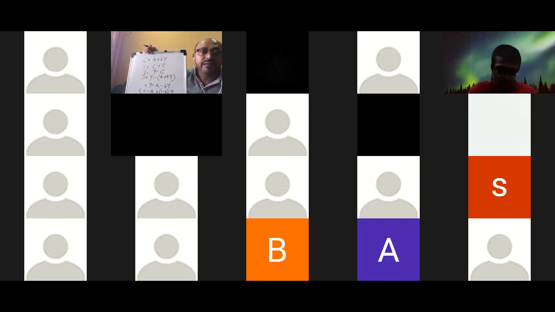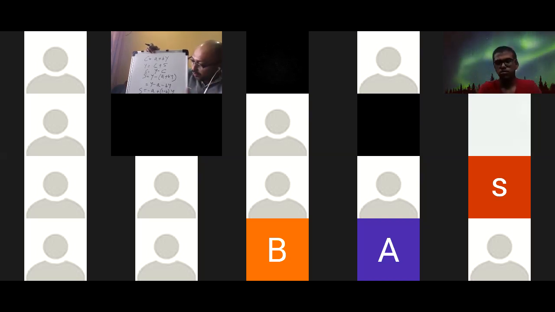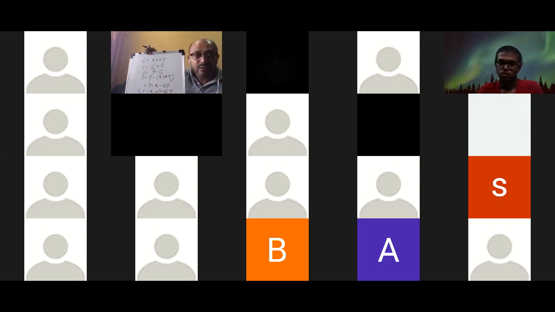Okay? Very easy. Now, this minus A, what does it mean? What is the interpretation of minus A? Remember, when income was 0, consumption was A. So where did you get that A?